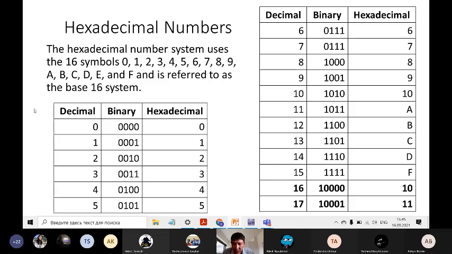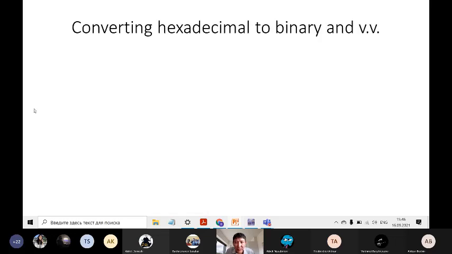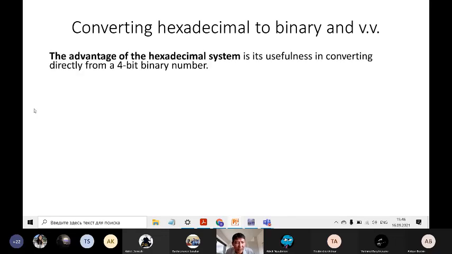Okay, so why do we use the hexadecimal system? How can we convert to binary or decimal? First of all, the advantage of the hexadecimal system is its usefulness in converting directly from and to 4-bit binary numbers. For example, you have the number C3 in base 16, our hexadecimal number, and we need to convert it to binary.